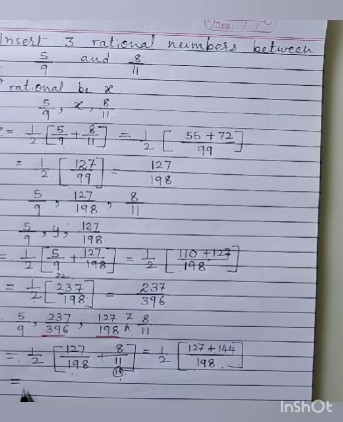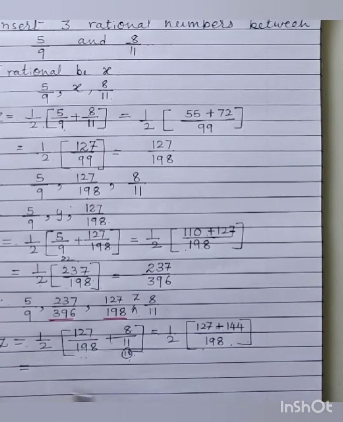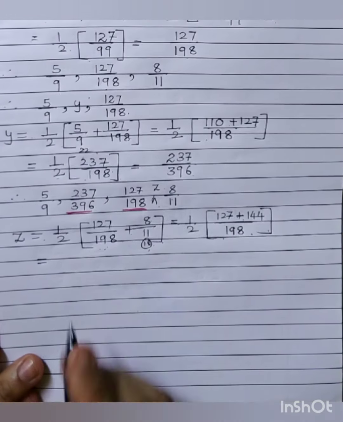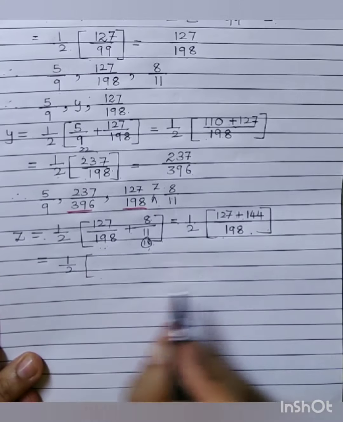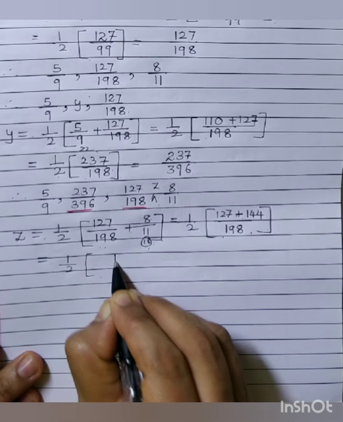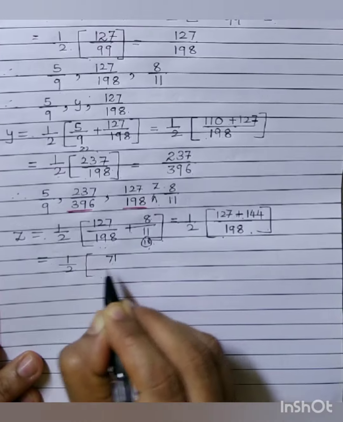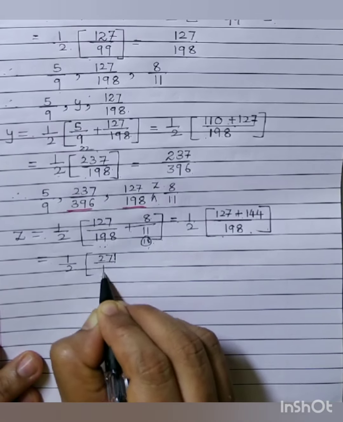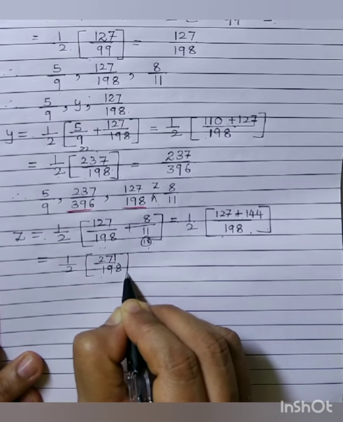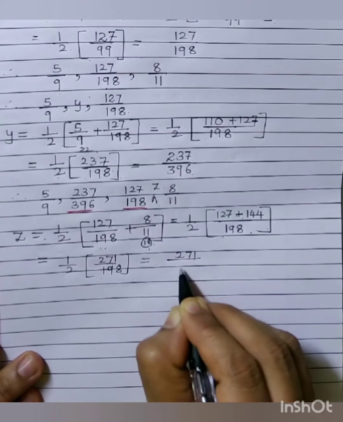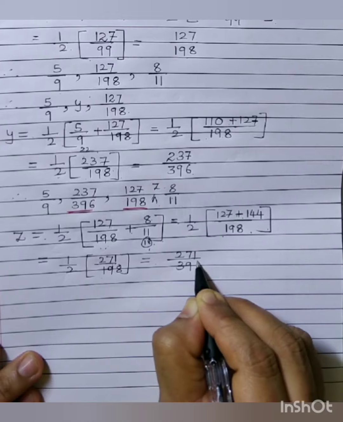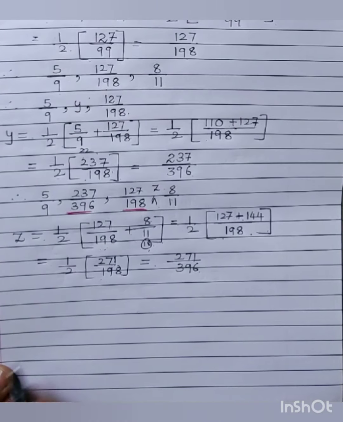So what we have is 1 upon 2 into 271 upon 198. On multiplying you get 271 upon 396.